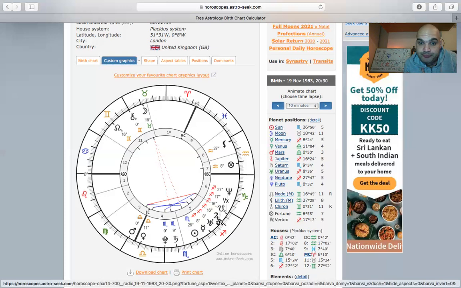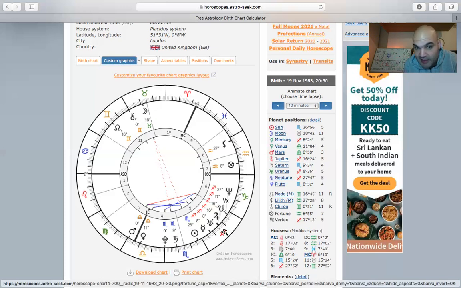Also, the planet Jupiter is what you're abundant in or what comes easy to you. The same applies here, as it's in Sagittarius. So I'm abundant in philosophy, wisdom, higher knowledge. The same with Uranus, which is about how you think outside the box and where you bring new ideas.